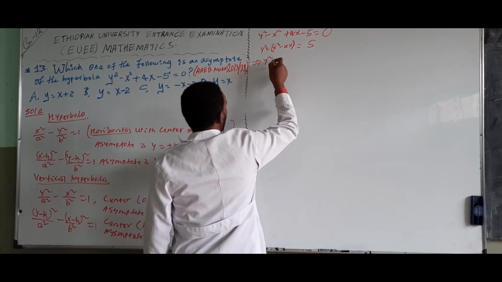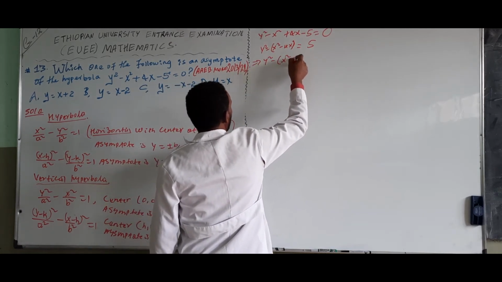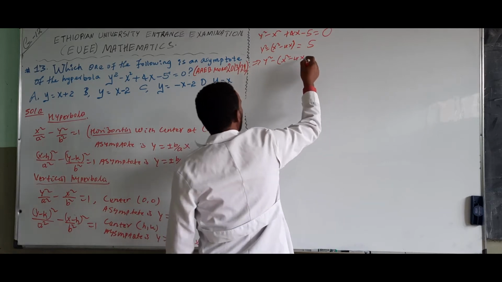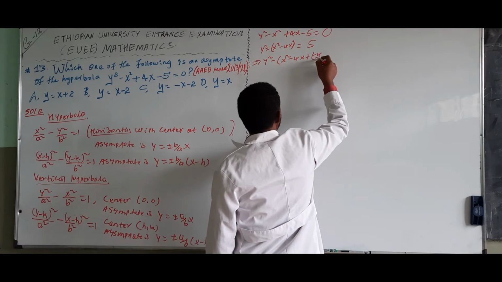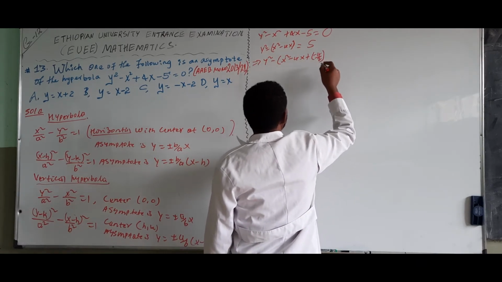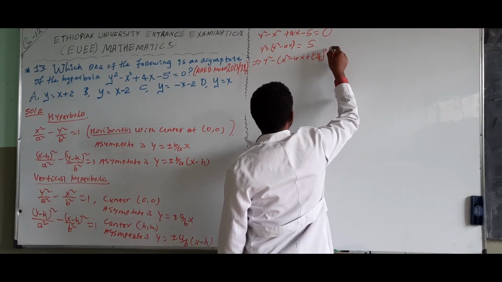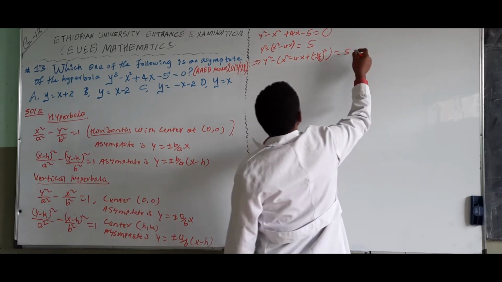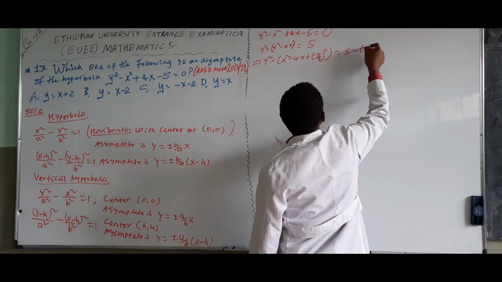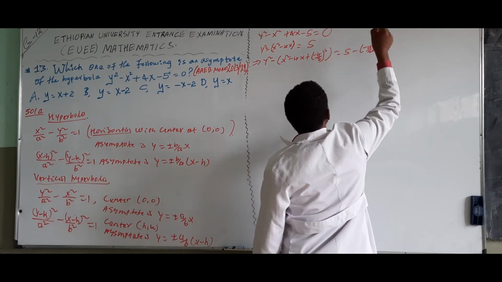y square minus x square minus 4x, by the completing square method, plus half of the coefficient of x, negative 4 over 2, whole square, is equal to 5 minus negative 4 over 2 whole square.